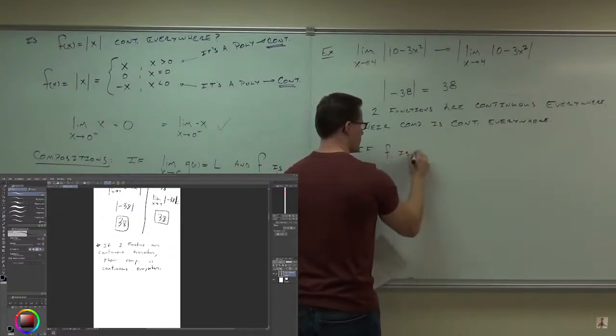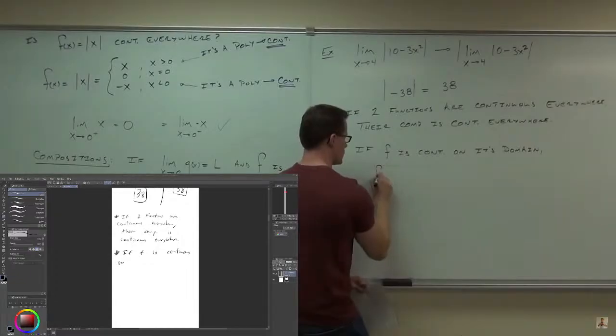So if f is continuous on its domain, the inverse, f inverse, will also be continuous on its respective domain.